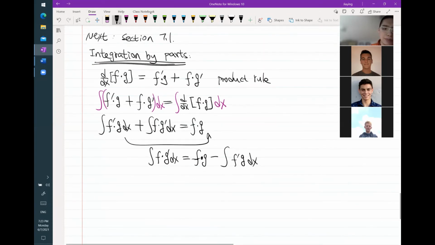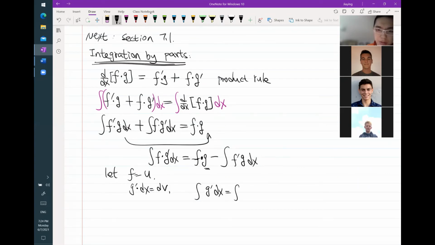Now, if we let f equal u and g prime dx equal dv, then if we integrate both sides, the integral of g prime dx is g, and integrating dv gives me v.